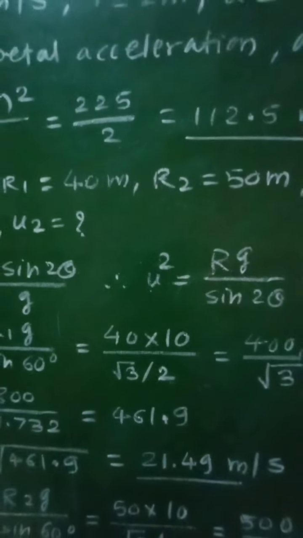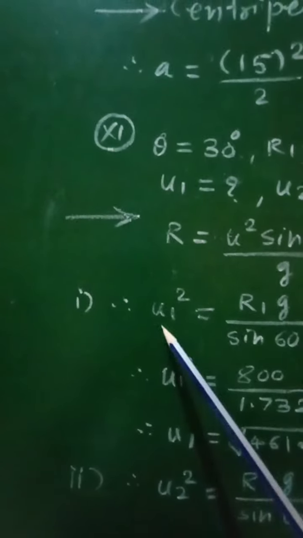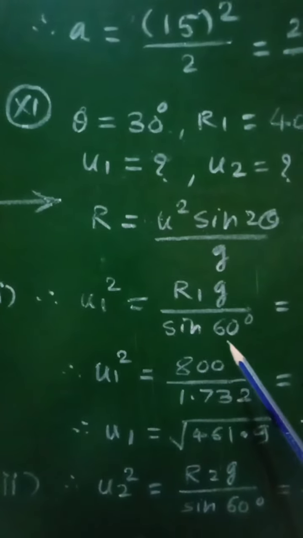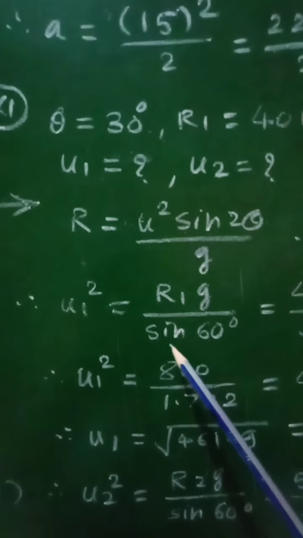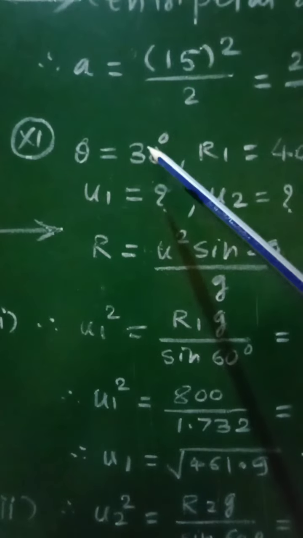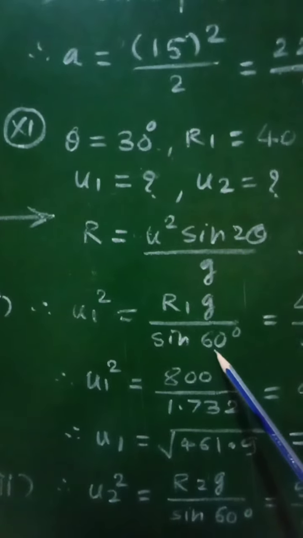Therefore let us see for u1. In the first case we can write u1 square will be equal to R1g upon sine 60, as here it is sine 2 theta, and we are given theta is equal to 30 degree, therefore 2 theta will be equal to 60 degree.